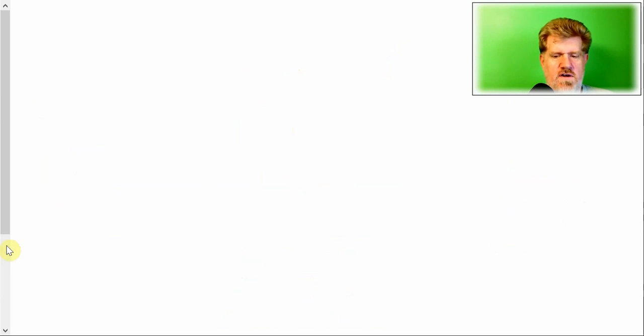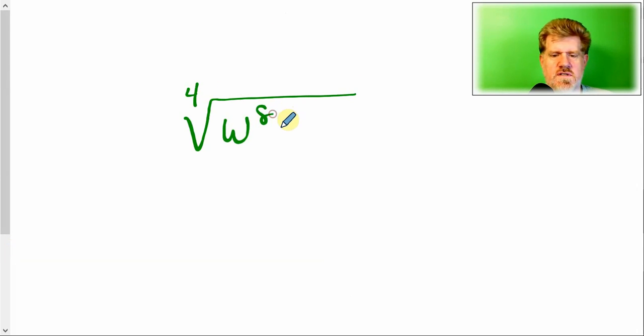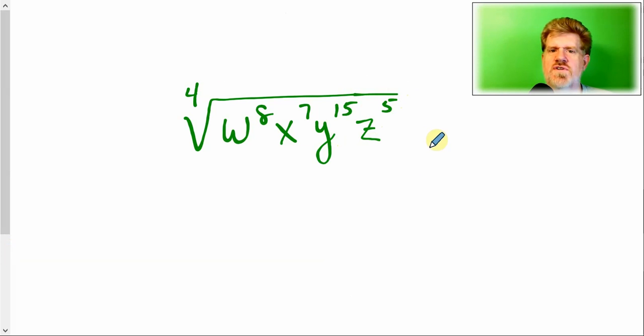Now this is not on the sheet, but I just want to give you one so you can see how this works. W, X, Y, Z. There. Let's say we're doing that, okay? This actually is a very, very easy problem because you just take their exponents and you divide by that one.